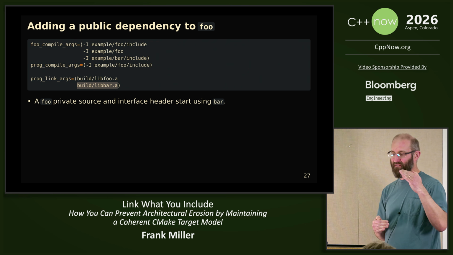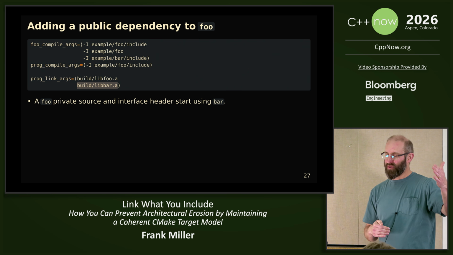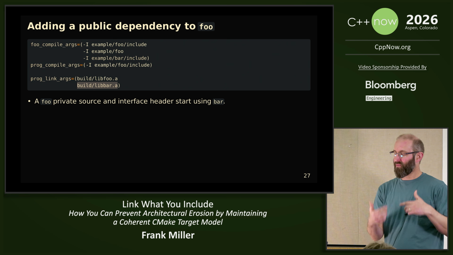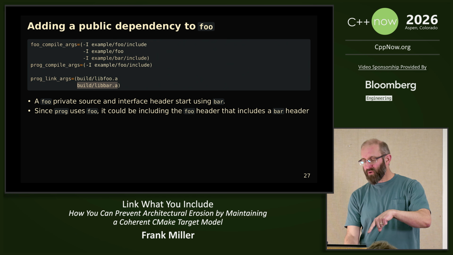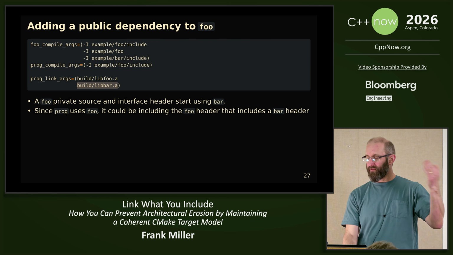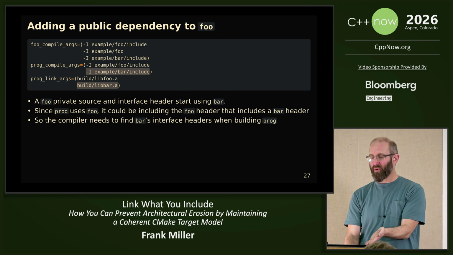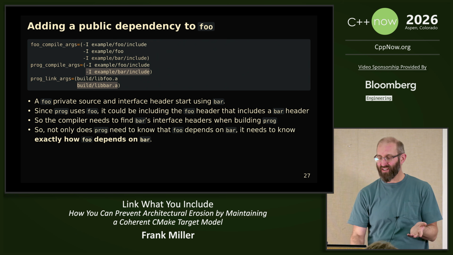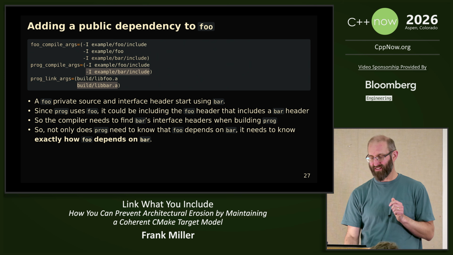Okay, prog depends on foo, foo depends on bar, and if foo had to include a public header of bar in one of the public headers of foo, then we're going to have to change something here, because prog uses foo, it could be including the foo header that happens to include a bar header. So we need to tell prog about bar's include directory as well, right? And so not only does it need to know that foo depends on bar, it needs to know exactly how foo depends on bar. And this is not good.